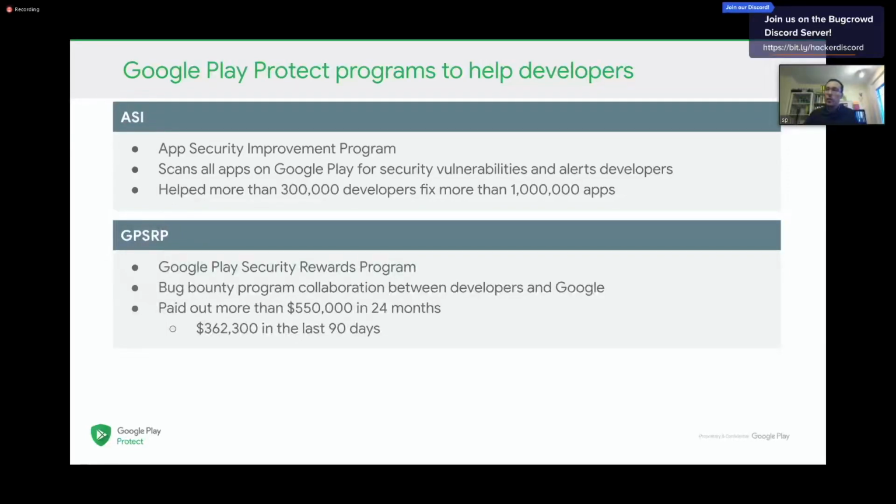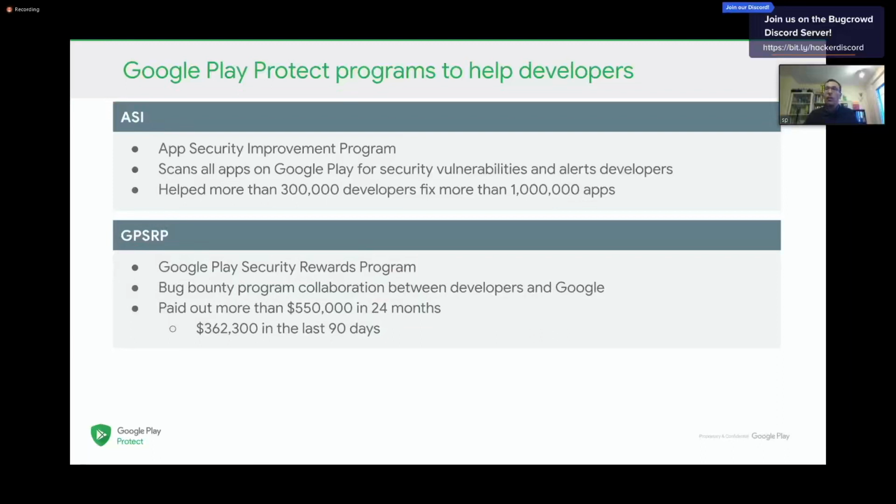And so we decided, let's launch the Google Play Security Rewards Program, which is a bug bounty program, which started out as a collaboration between developers and Google, meaning you were a top developer, and first you were invited, and we approached a couple of companies, and we said, hey, why don't you join us?